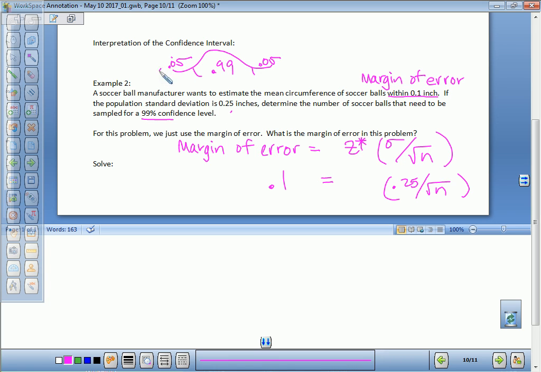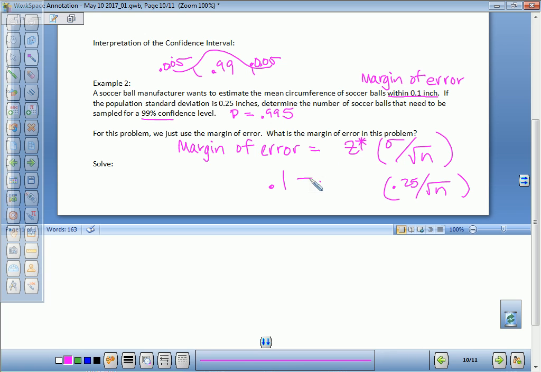Yep, that is exactly what I mean. So, here we're looking up that probability of 0.995. Please find the Z-score associated with a probability of 0.995, which is a 99% confidence level.